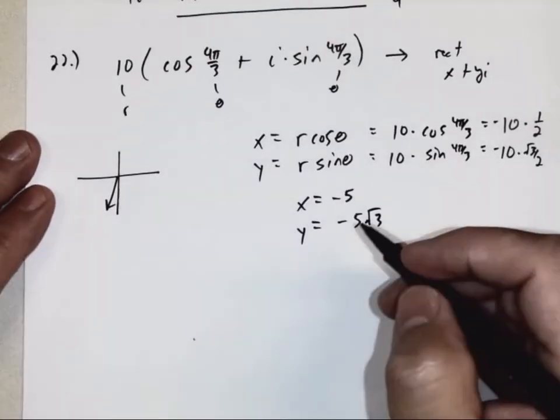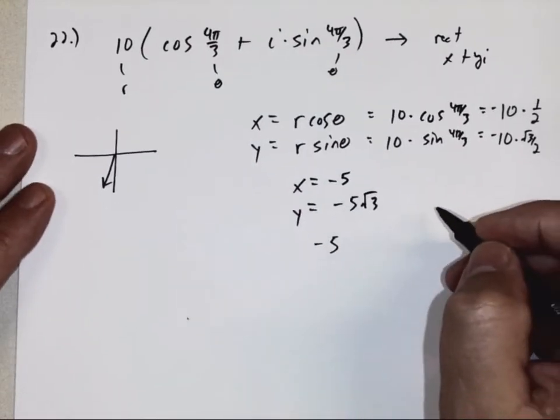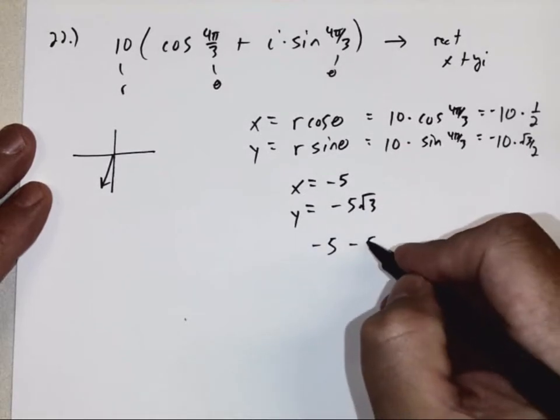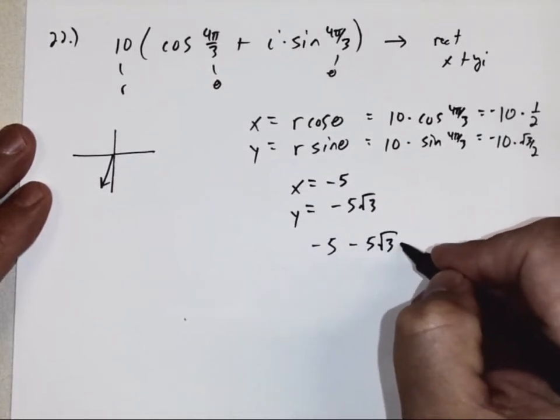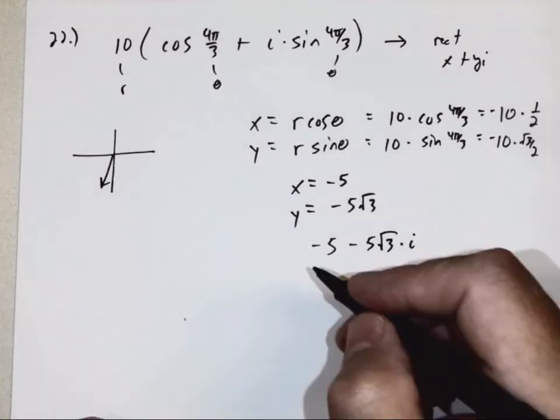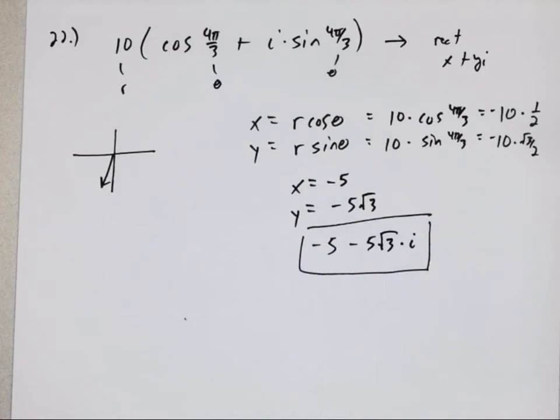So therefore, to write this complex number in rectangular coordinates: negative 5 minus 5 square root of 3 times i. All right, so these aren't too bad.